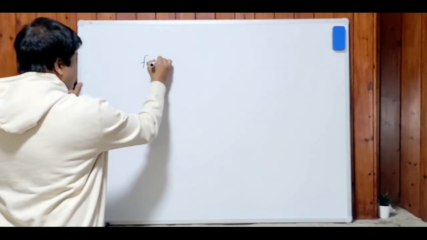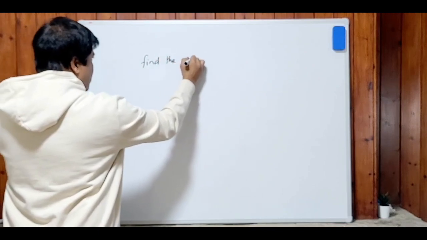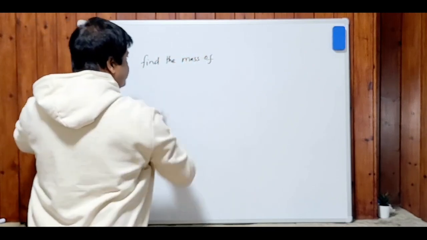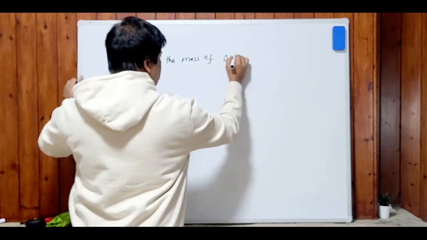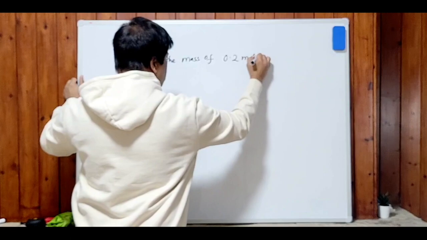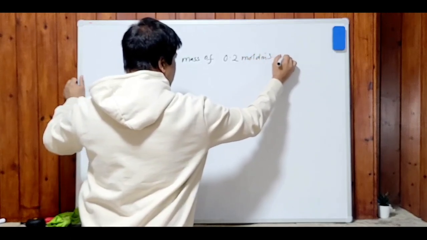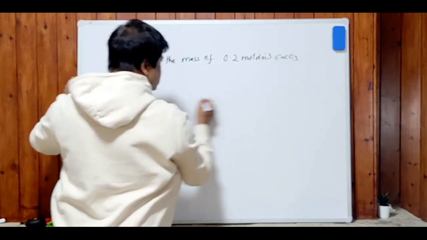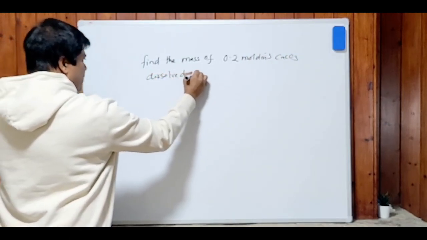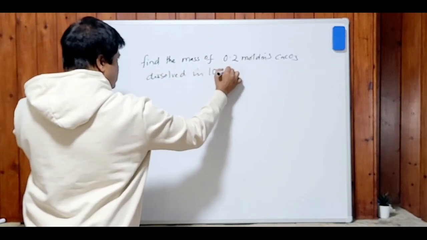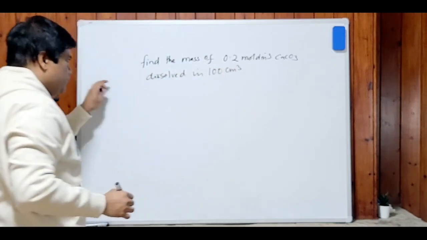Find the mass of 0.2 mole dm minus 3 calcium carbonate dissolved in 100 centimeter cube. You want to try it?